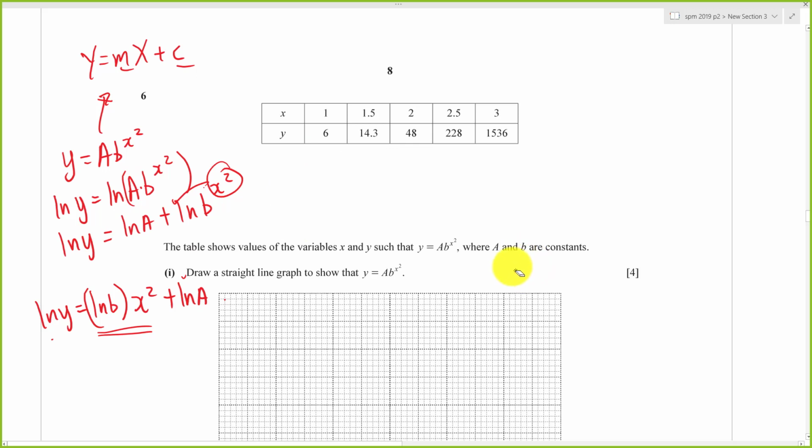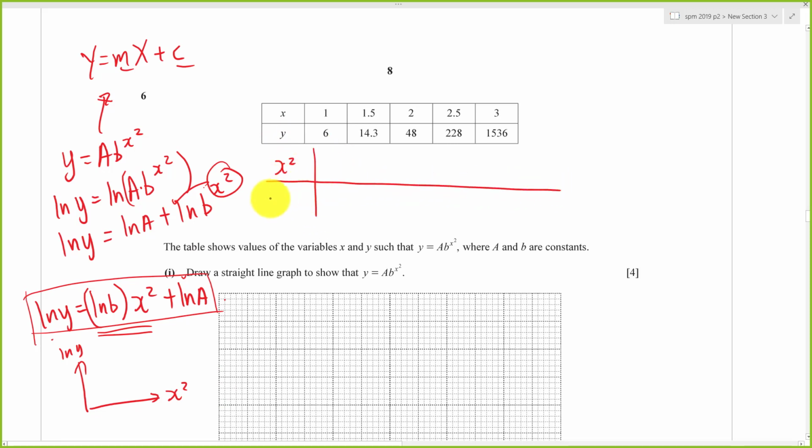Then from this equation, at least I understand something. I need to draw a graph of ln y against x squared. But I don't have this information, so I will need to draw my own table by using the xy table there. First thing, I want to have my x squared. Then I will do my ln y.